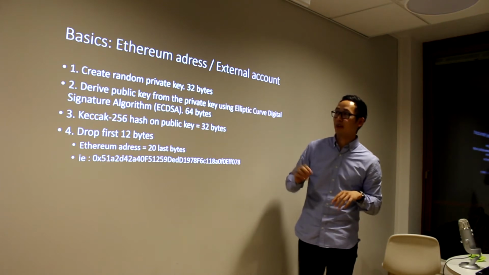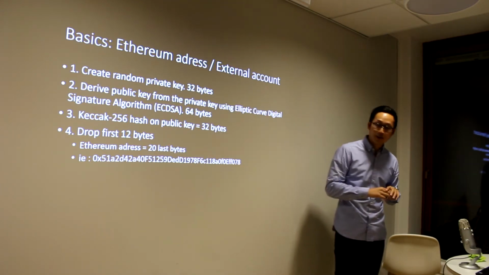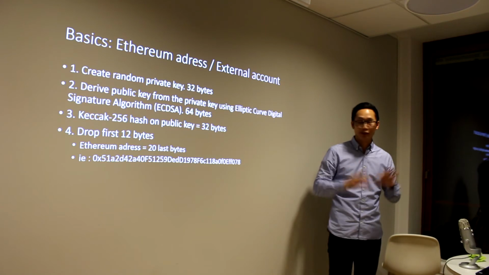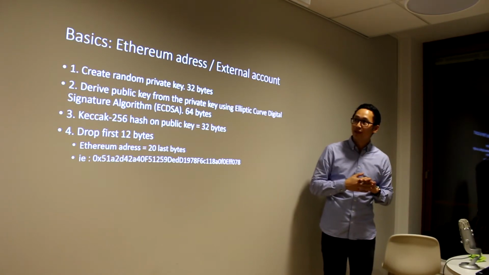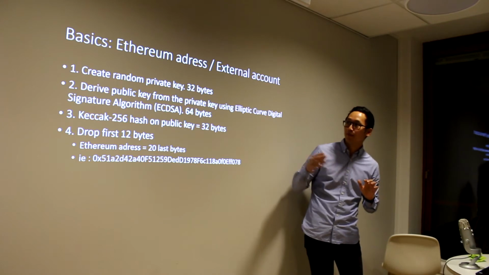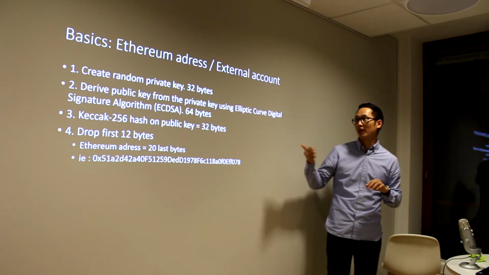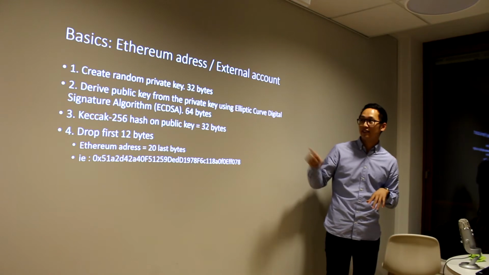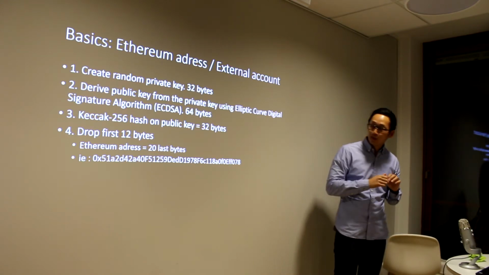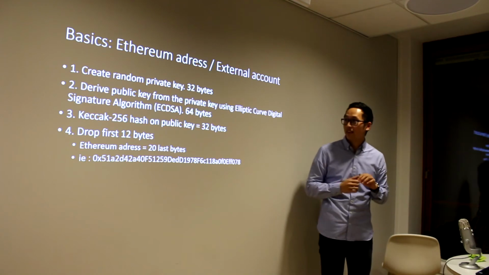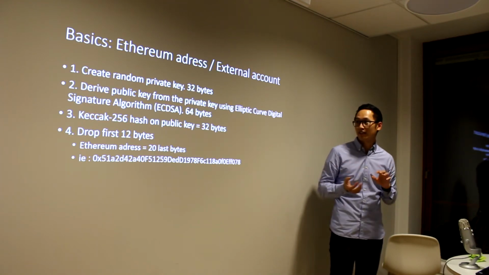So the first step is you create a random key that is 32 bytes, 64 characters, and then you derive the public key from the private key using ECDSA. It's an algorithm. And then you will have 64 bytes. Your public key will be 64 bytes.